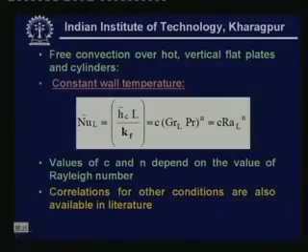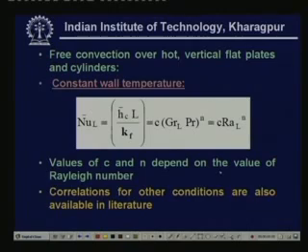Okay. So, for example, for free convection over hot vertical flat plates and cylinders, a typical correlation is given here. The average Nusselt number Nu L, okay. Here L is the height of the plate or height of the cylinder, and Nu is the average Nusselt number. This is defined as average heat transfer coefficient multiplied by the height of the plate or cylinder divided by the thermal conductivity of air.